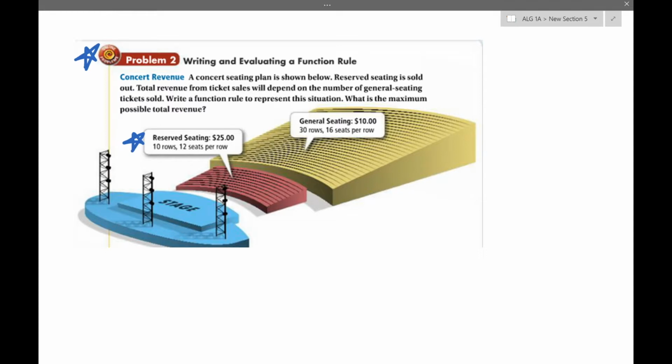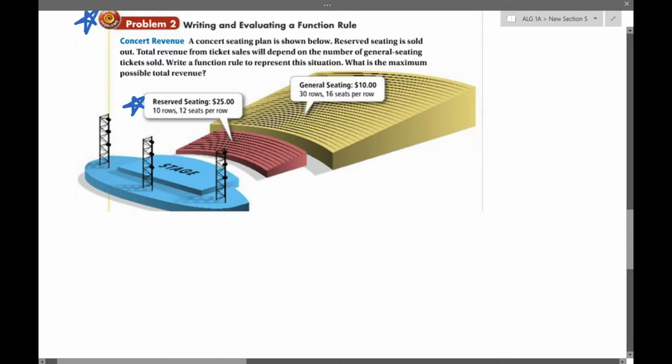So what do we know? Okay, so we know that total revenue, that's this part right here.